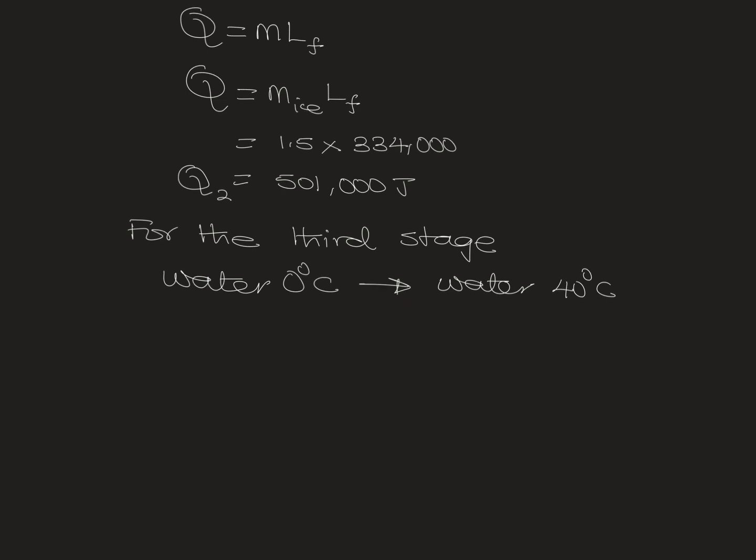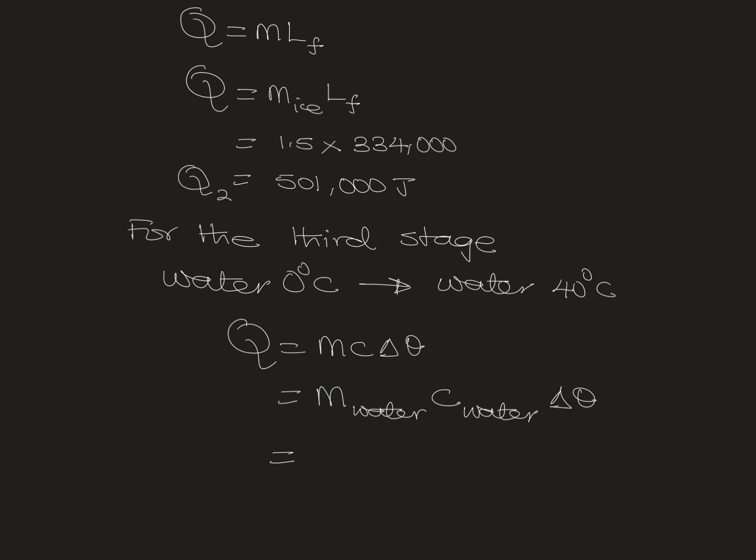So since it has involved a change in temperature, the formula that we have to use is Q is equal to mc delta theta. But specifically, that will be m of water, that is the mass of the water, the specific heat capacity of water times delta theta. So the mass of the ice is basically going to be the same as the mass of the water because the whole ice is being converted to water.